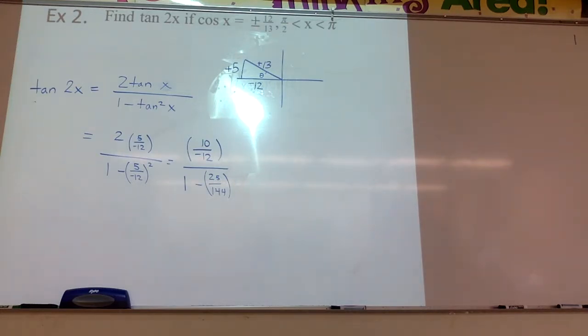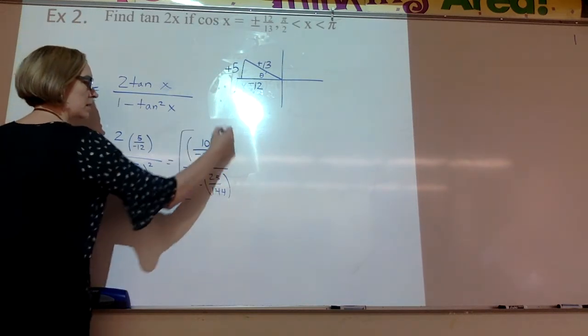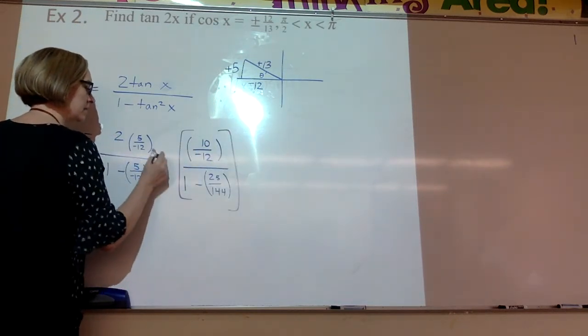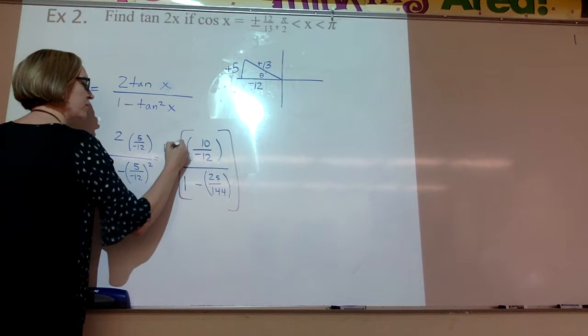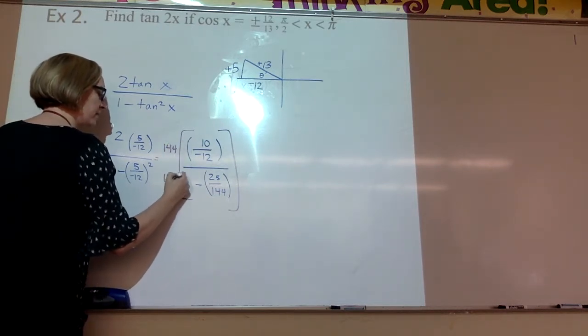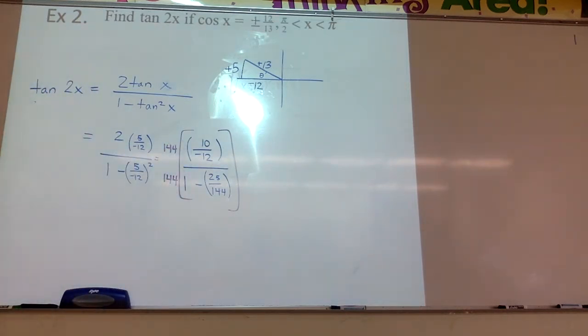So when I look at that fraction, do you see it as having 3 different components? The fraction up top, the 1, and the 144? What's my ultimate LCD? So I'm going to do 144 up here and 144 down here. Ultimate LCD fractions.